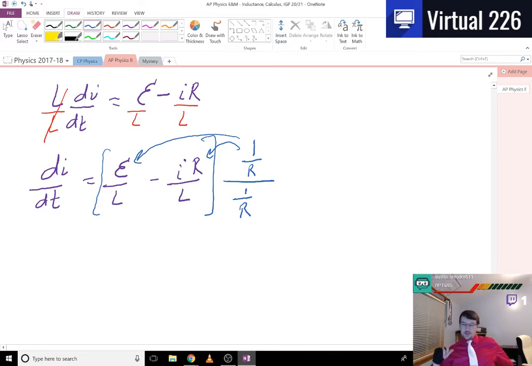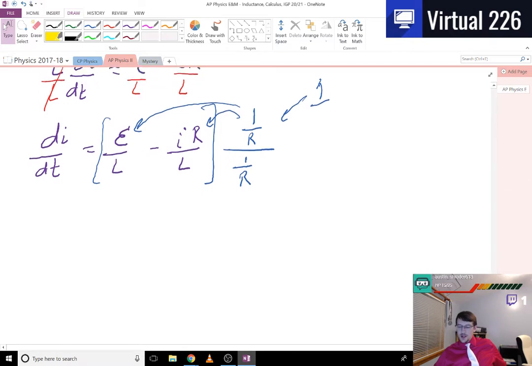And that seems like, what? Why did he do that, right? Well, we need to recognize that 1 over r times 1 over r equals 1. So I haven't done anything. Multiplying something by 1, you haven't done anything there, okay?